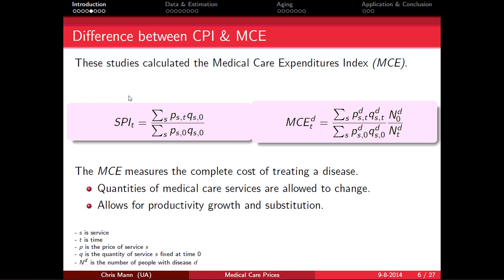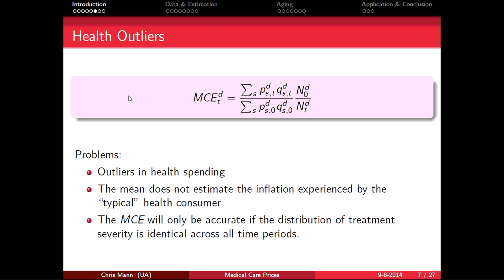And so this provides a measure that's more similar to how the CPI calculates prices for other types of goods in the economy, right? And so this is the preferred method by a lot of health economists who are doing work in this area. Now, the problem, though, is that the MCE doesn't really reflect the price inflation for the typical consumer. And that's what we're going to see.